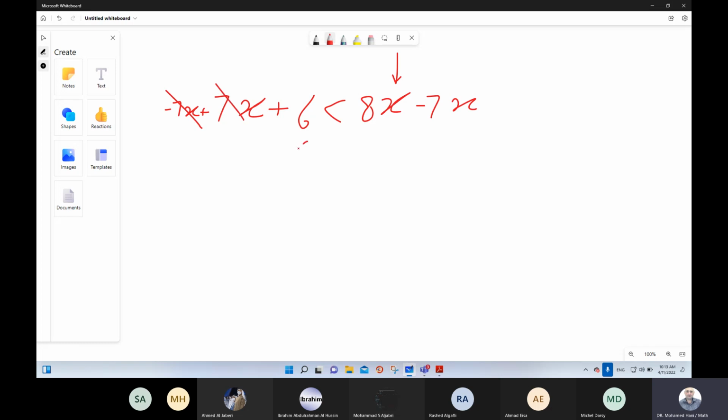It means in this side 6 less than 8x minus 7x, which will be x. Then we can write the set of solution: x such that x greater than 6.